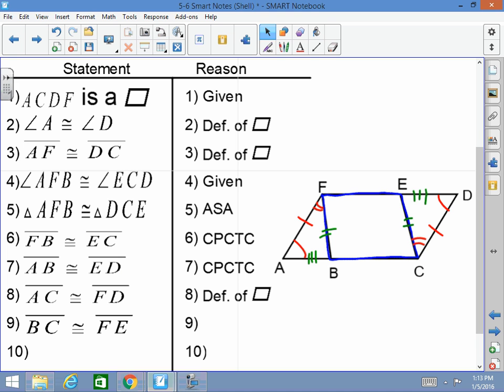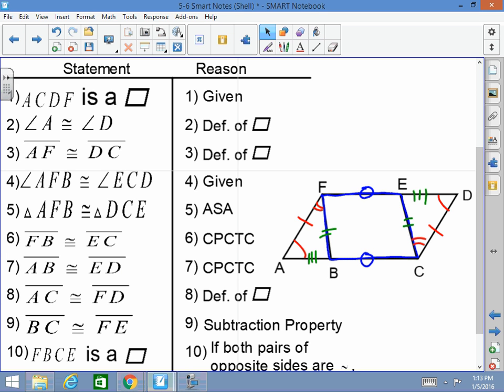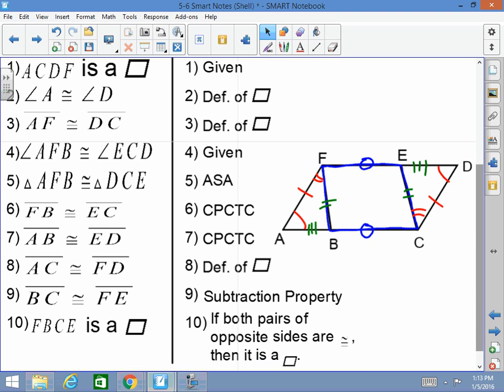Now BC is congruent to FE because of subtraction. So now this guy is congruent to this guy. And then I can prove that FBC is a parallelogram because if both pairs of opposite sides are congruent, then it is a parallelogram.